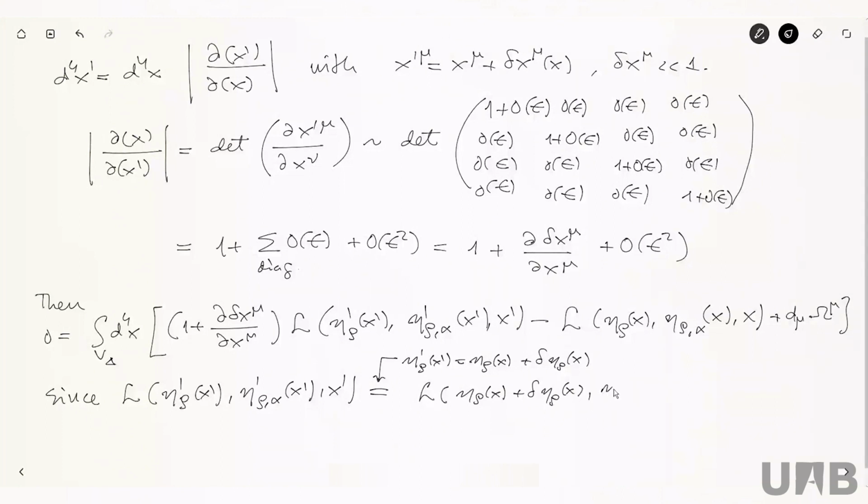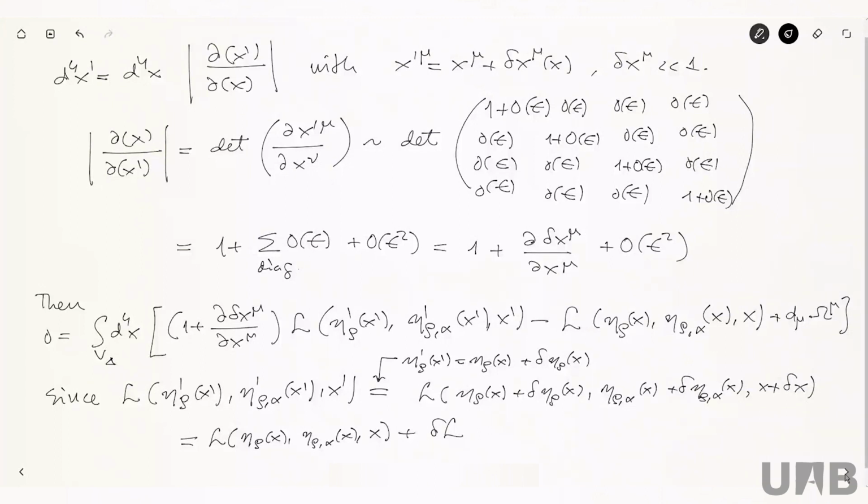And then it's going to be eta rho comma alpha of x plus delta eta rho comma alpha of x. And then x plus delta x. And this, of course, is going to be the Lagrangian itself. So Lagrangian of eta rho of x, eta rho comma alpha of x and x, plus something else. And this something else is going to collect all the terms that come from delta eta rho, comma alpha, and delta x, everything else, okay?